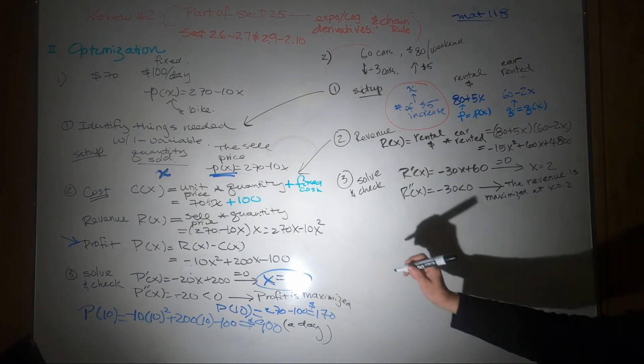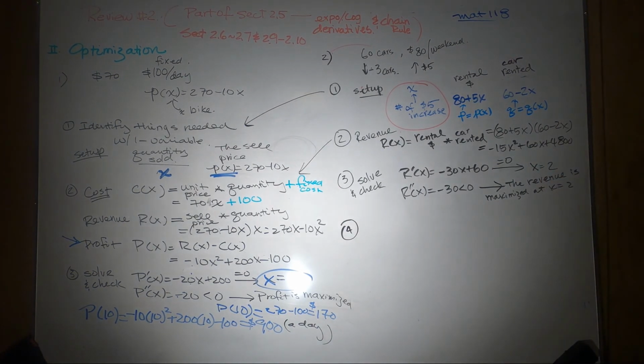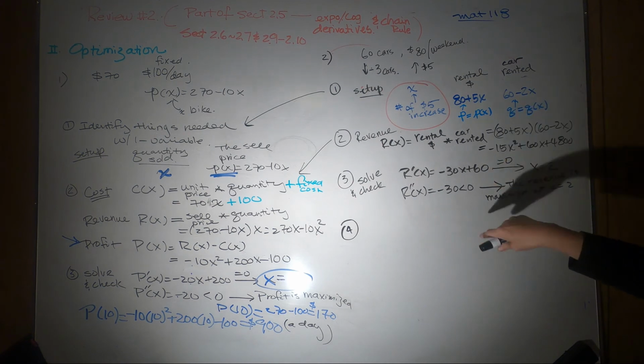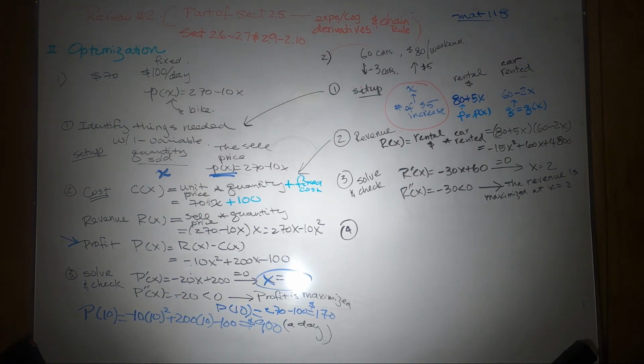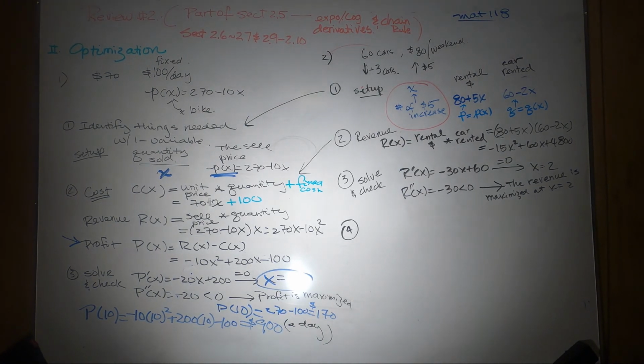Right? Then let's answer the question. We did all the work. We summarize the result as the question asks. It says, what price should you charge to maximize the revenue? How many cars will it rent at this price? So we want to find the price and how many cars rented out.